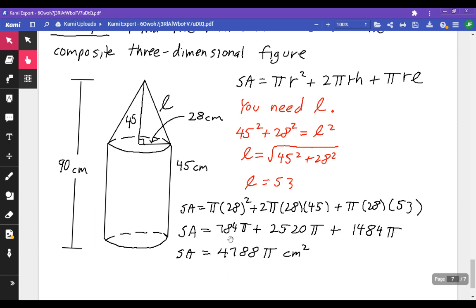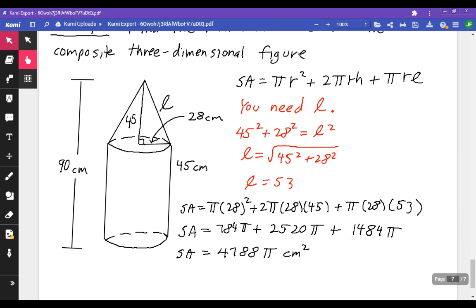So the first term is 784 pi. Second term, 2,520 pi for the cylinder lateral area. And then the top part is 1,484 pi for the lateral area of that cone on top. Add them together, you're going to get total surface area of that composite figure to be 4,788 pi square centimeters.